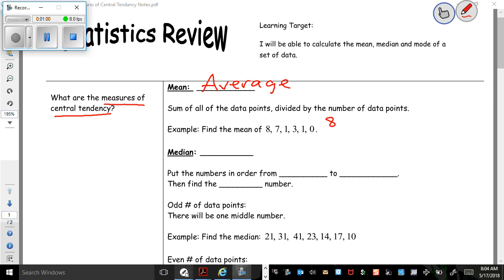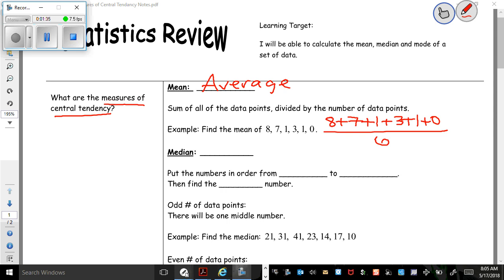So it's going to be 8 plus 7 plus 1 plus 3 plus 1 plus 0 divided by 1, 2, 3, 4, 5, 6. So in your calculator, do that, please. Wait, I thought you had to put those numbers in order. No, it doesn't matter. That's for median. We'll save that for the next slide. 8 plus 7 is 15, 16, 19, 20.